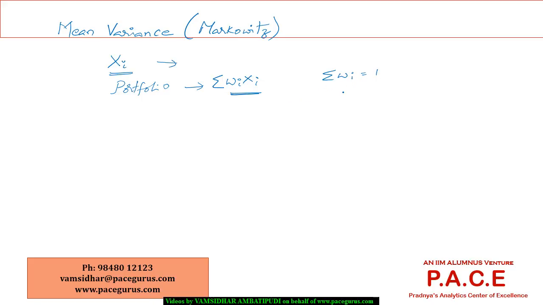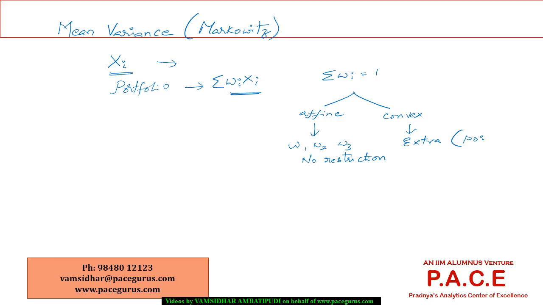Now this combination I can talk of in two ways. My combination could be either affine or convex. When I say affine, regarding the weights W1, W2, W3, I don't have any other restrictions. But I may put some extra restrictions saying that none of the weights can be negative.